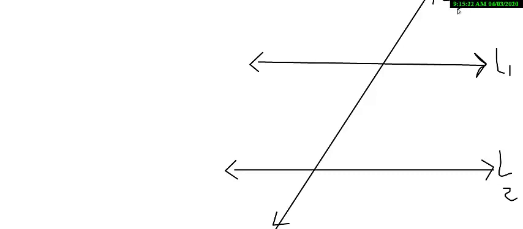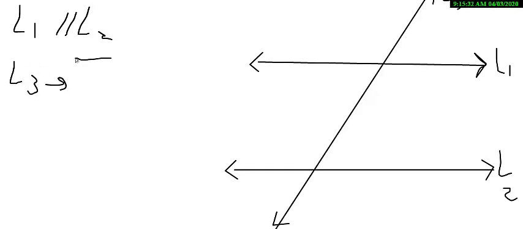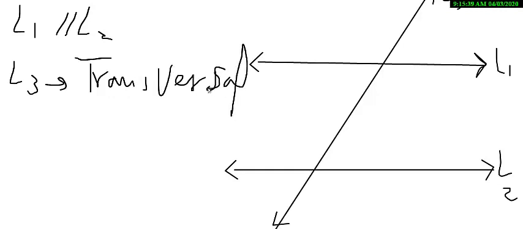So L1 is parallel to L2, and L3 is called the transversal. Transversal means intersecting the two parallel lines.